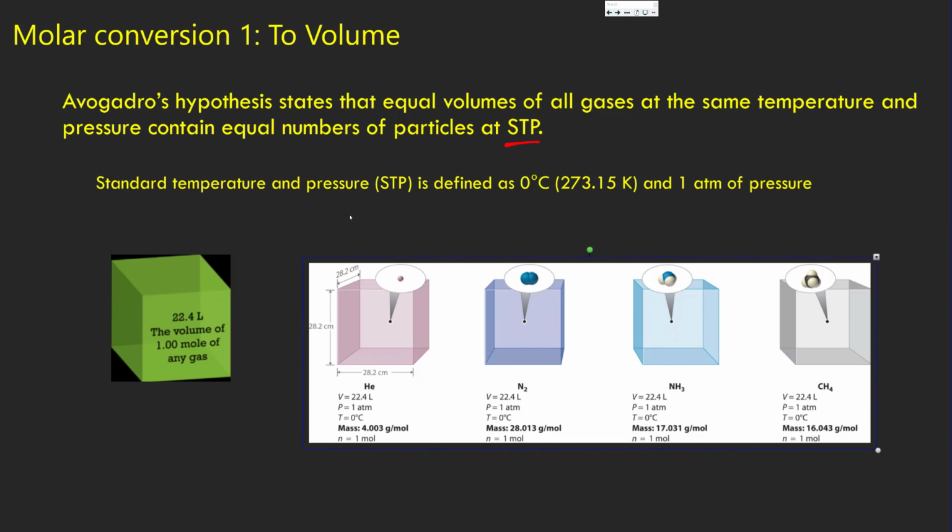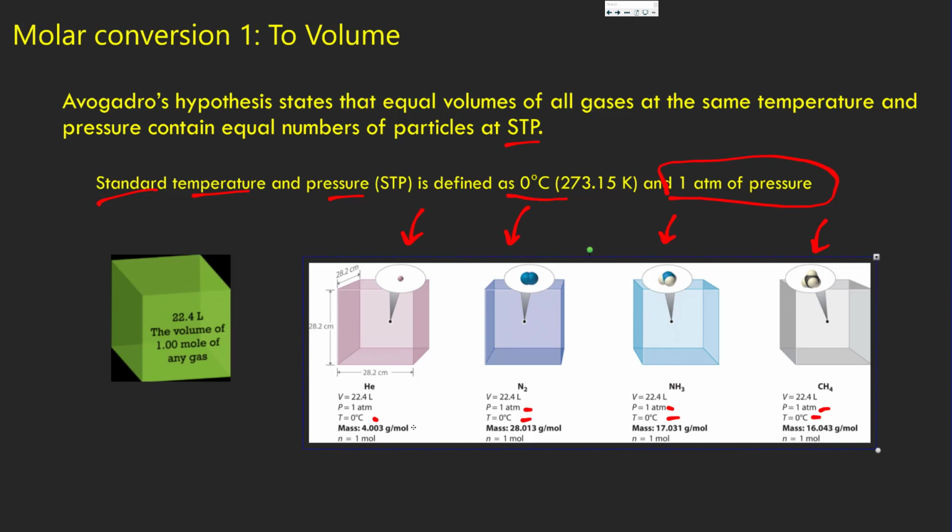Okay, so what exactly is STP? STP stands for standard temperature and pressure, and this is when the environment is at 0 degrees Celsius and 1 atmosphere of pressure. So if you have 4 containers that are at 22.4 liters, that is at STP, meaning they're all at 0 degrees Celsius and they all have the same pressure, which is 1 atm.